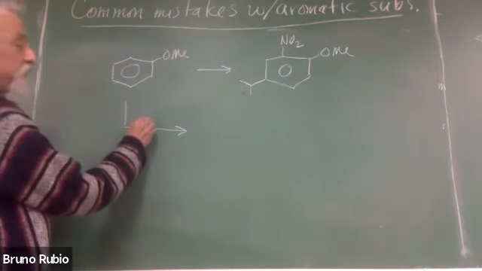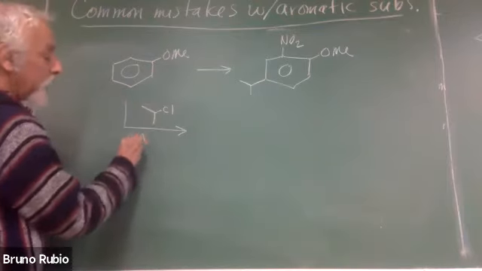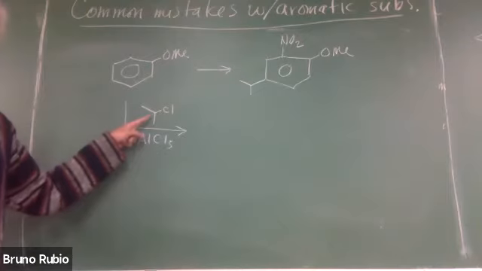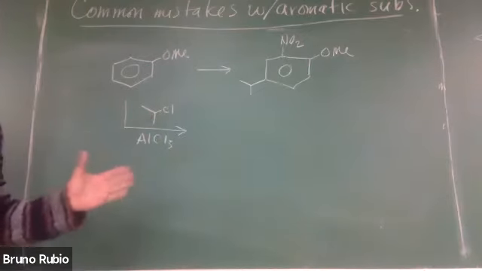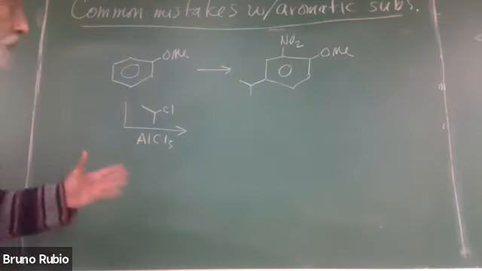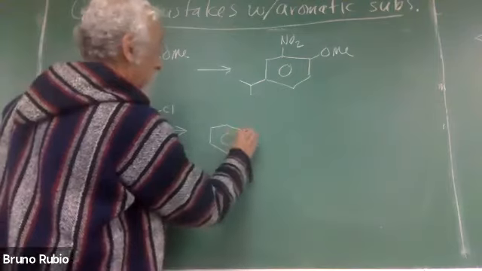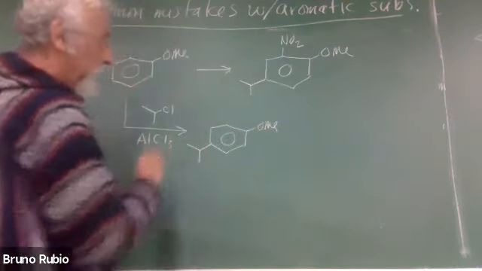And to put that fishtail on, I'm going to use Friedel-Crafts alkylation, right? This Cl comes off. You get a carbocation here that's secondary. It can't rearrange to anything that is more stable, so that the isopropyl fishtail is added.